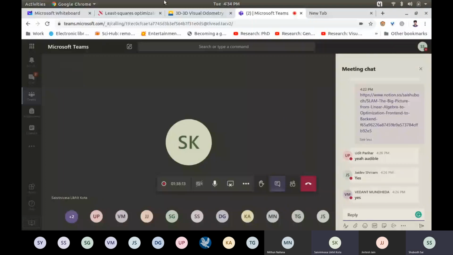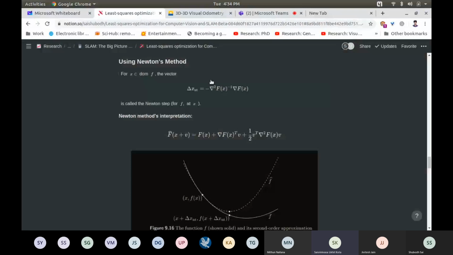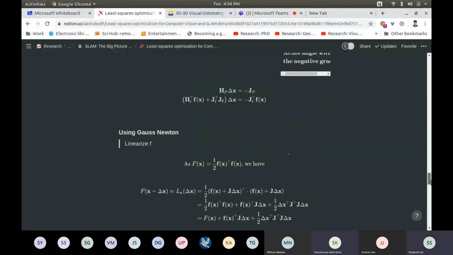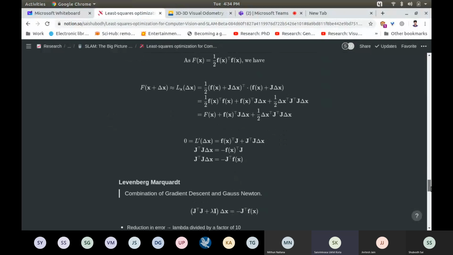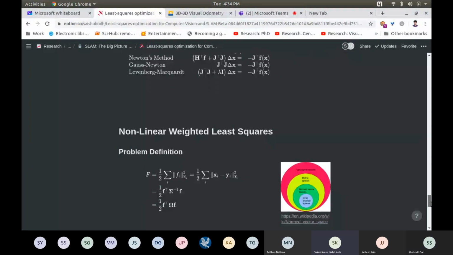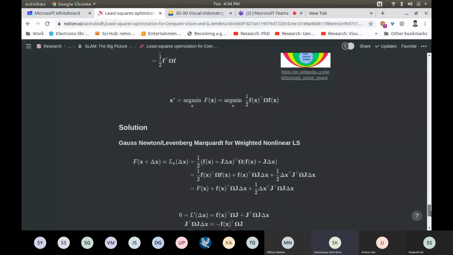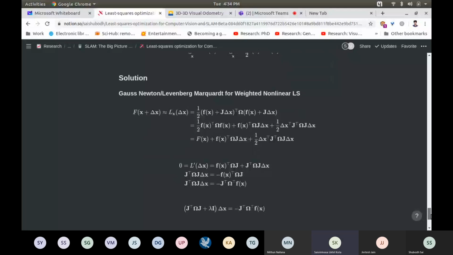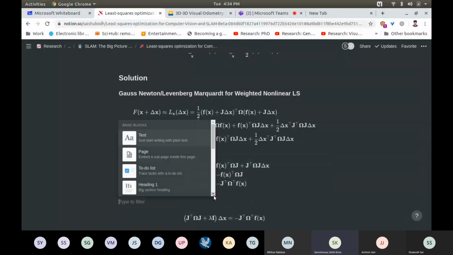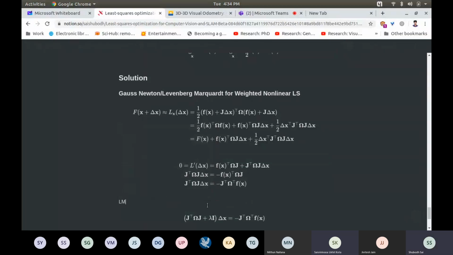I have one question towards non-linear weighted LS. In the derivation, I got until the last line, and then we added lambda I in the LHS. How did we do that? From that to the next box. It is just an LM variant.